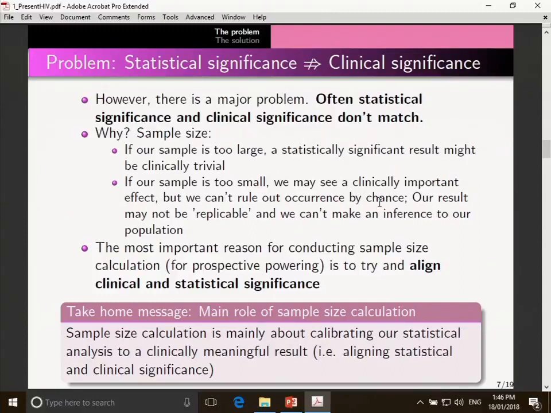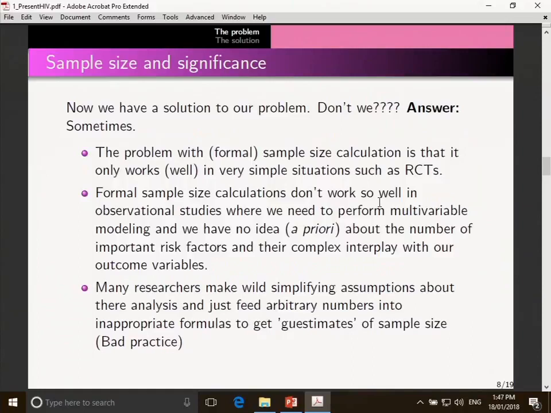We want to be able to say, if p is less than 0.05, we're observing a clinically important effect. So think about sample size as a calibration process for our statistical analysis to reality. So we have a solution to our problem, don't we?